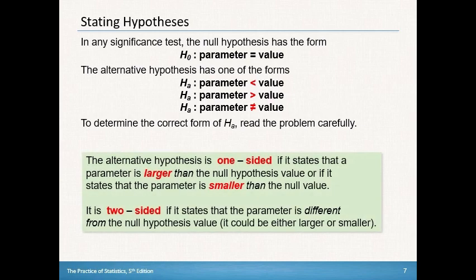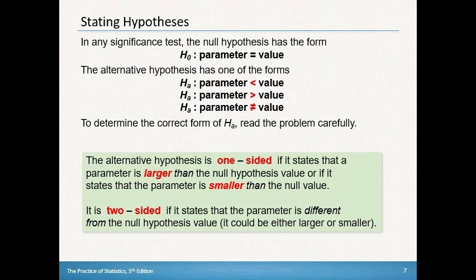All right. So if we say less than or greater than, then it's a one-sided test. If you think about it, most often we are talking about a sampling distribution, and the value that we're testing is down in one of the tails.